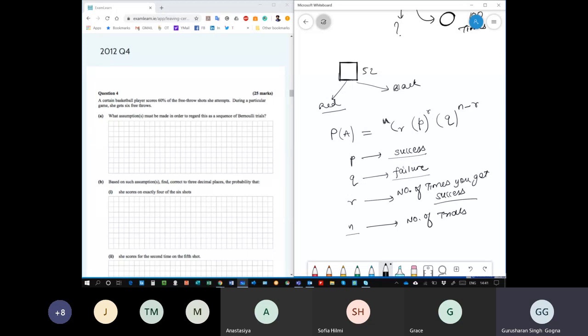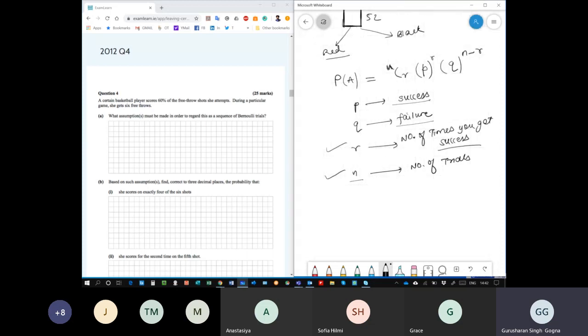So if you have a question where you are doing the same trial again and again, it's a Bernoulli trial. And how to get the probability? You can get the probability using this. nCr you can calculate using your calculator, isn't it? It's given in your calculator. But the important part is n is the number of trials and r is the number of times you get success, which will be given in your question. Same for p and q as well.